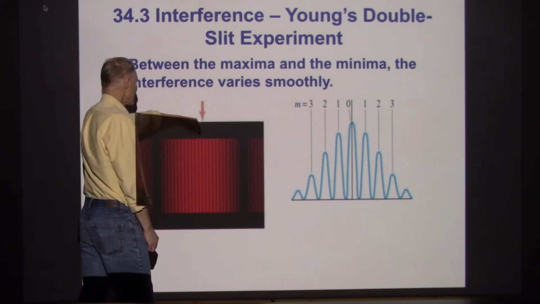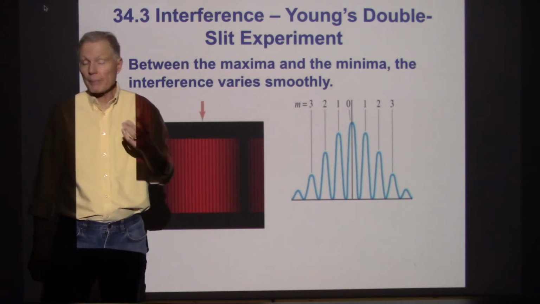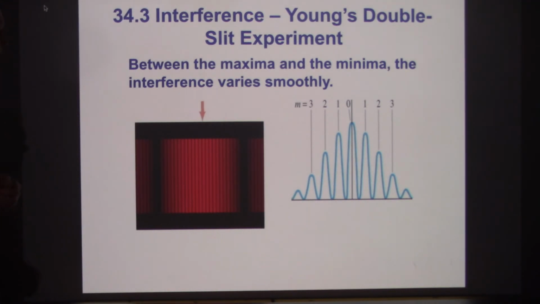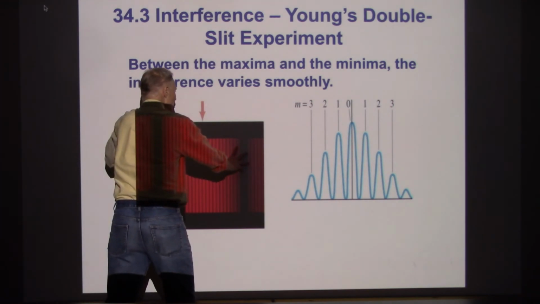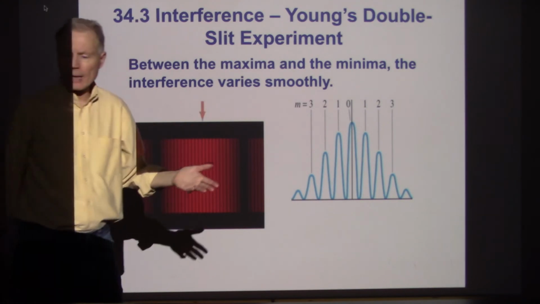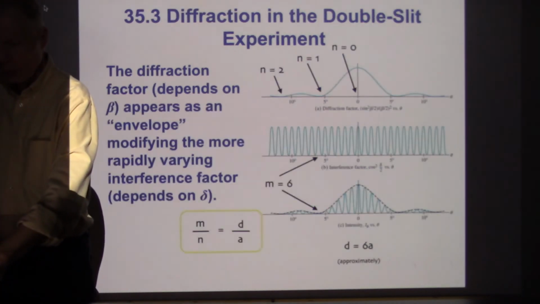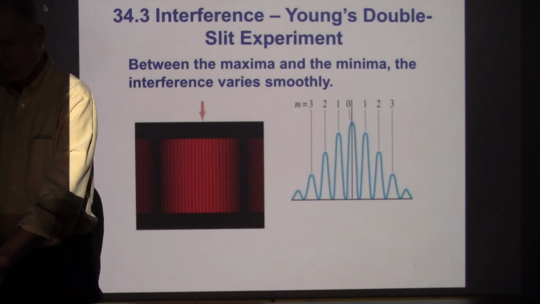I don't think I quite got the center one. It looks like it's maybe 12. When m is equal to 12, n is equal to 1. So the lowering of the intensity here is the two-slit effect within the diffraction envelope.